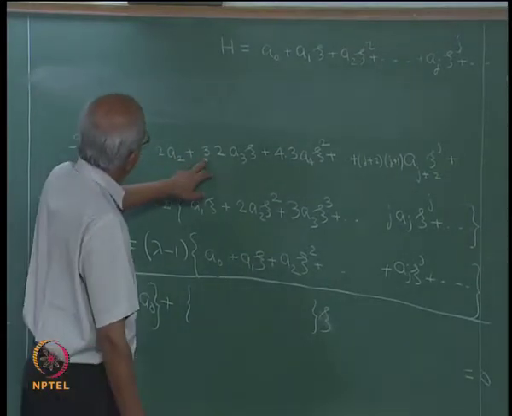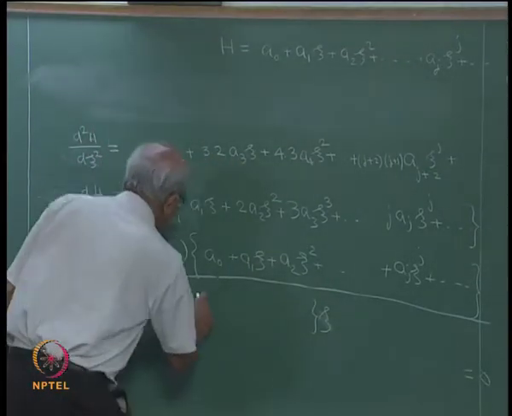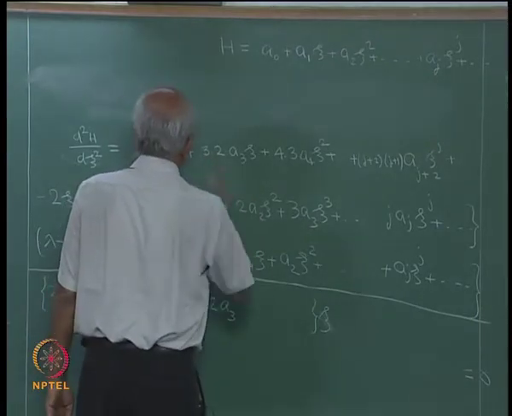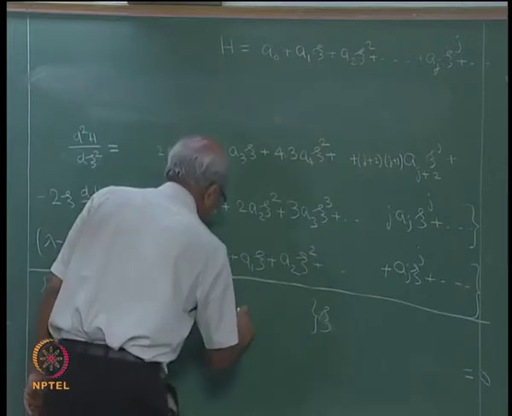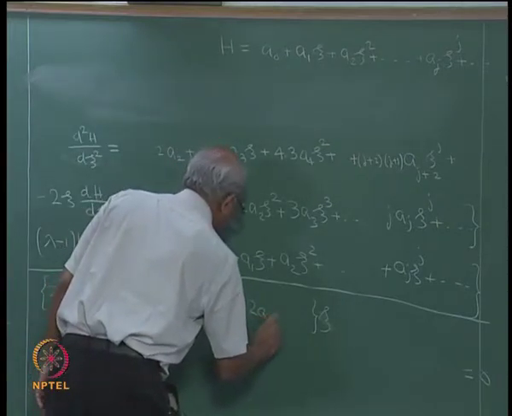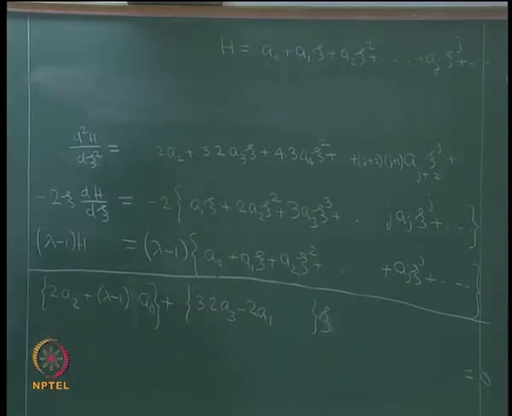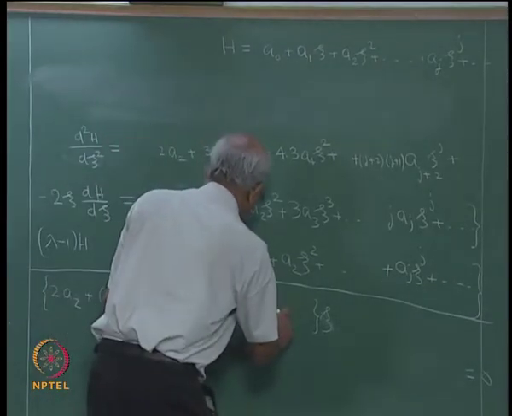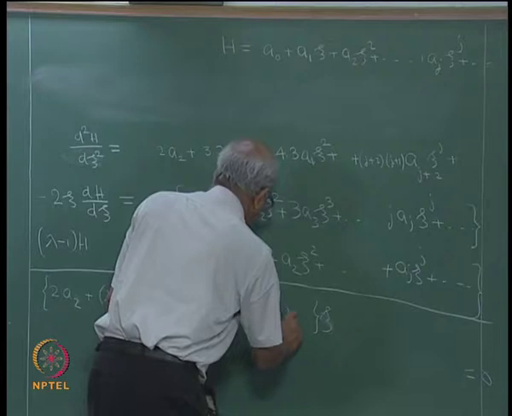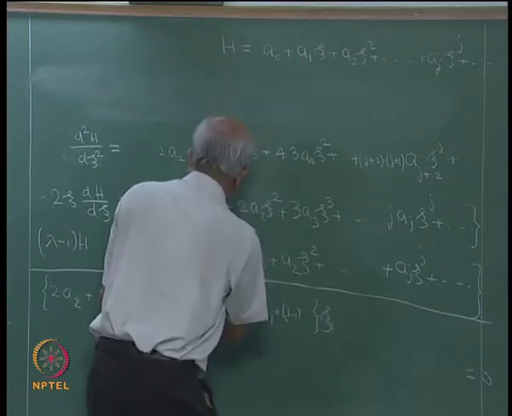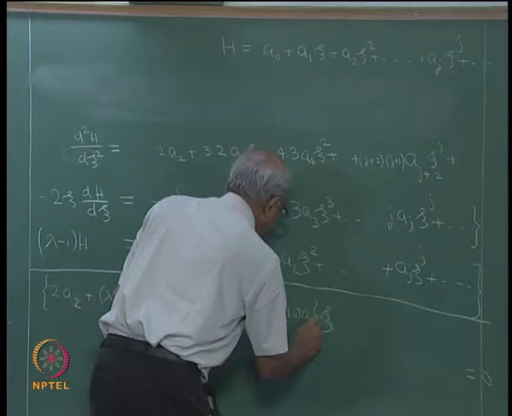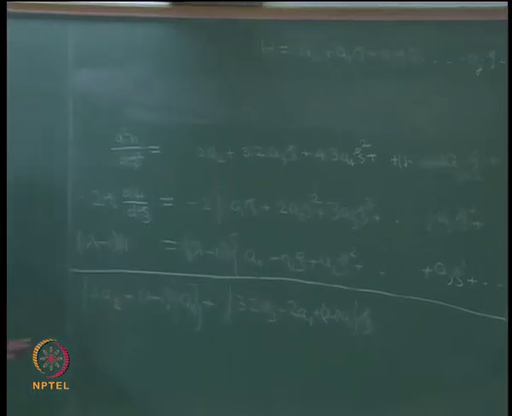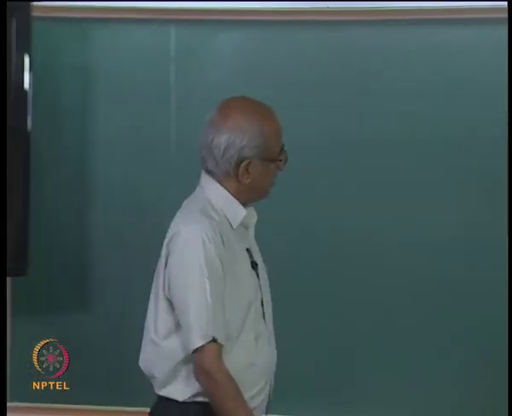Well, here you will see that it is 3 into 2 a3, and here it is actually minus 2 a1, and from there you will get plus lambda minus 1 into a1, correct.